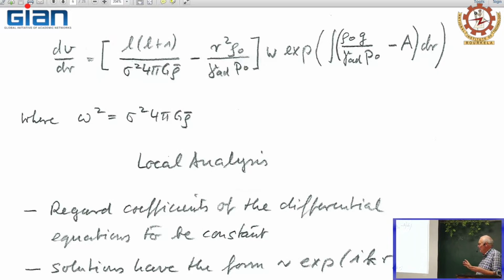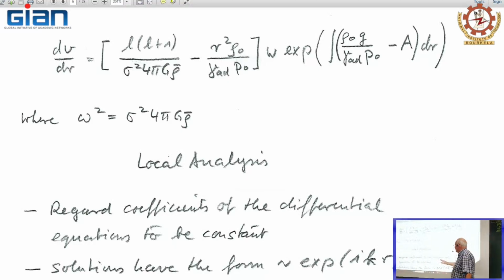So if we formally consider the coefficients of the differential equation to be constant, which is actually not true, then we can write the solution of the form exponential of ik times r.